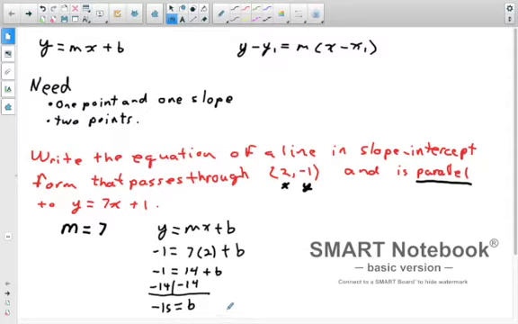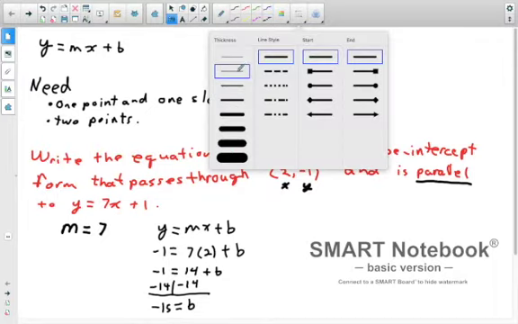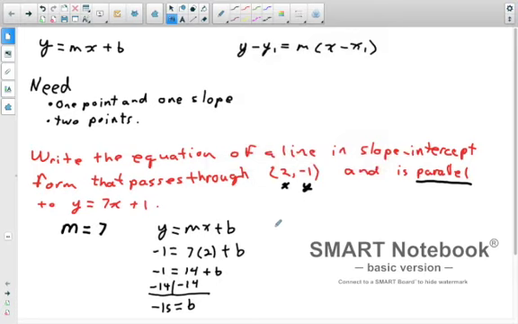Okay, so we have all of our information now. We just need to write the equation of our line, like this: y equals my slope, which is 7, x minus 15. Okay, so there's one example of a parallel line and us writing an equation.